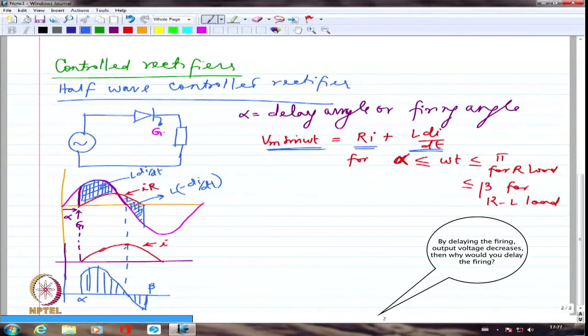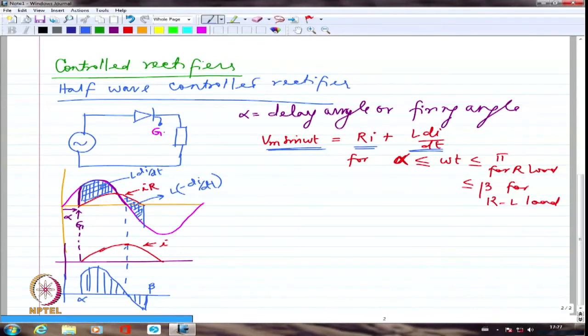Why is there an alpha? I want to control the voltage. If I don't give a delay, I will not be able to control the voltage. Previously in the diode rectifier case, I was starting the conduction right from here, so I got only a value of Vm by pi for a resistive load. This was a constant.